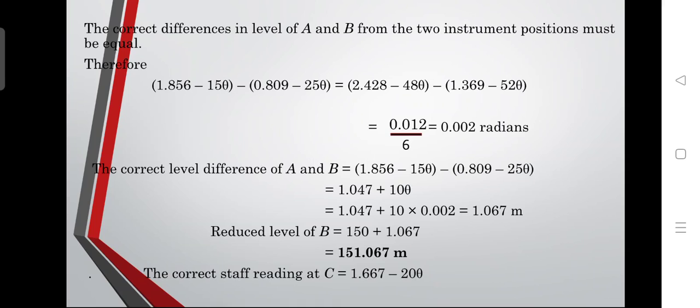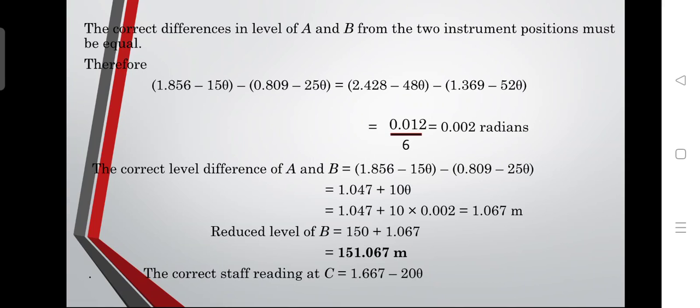The correct level difference of A and B is equal to (1.856 minus 15 theta) minus (0.809 minus 25 theta). This equals 1.047 plus 10 theta. Putting the value of theta obtained in the above step, this equals 1.047 plus 10 into 0.002, which equals 1.067 meter.